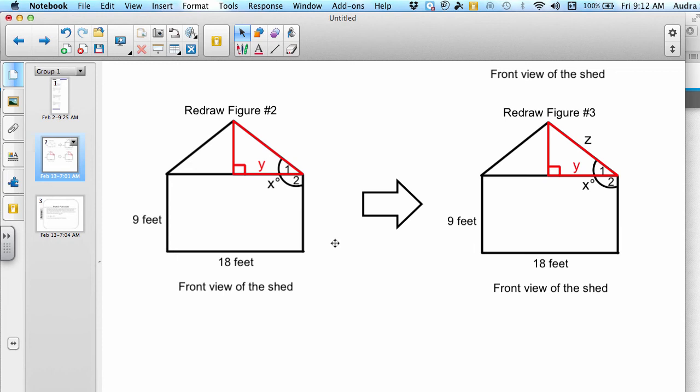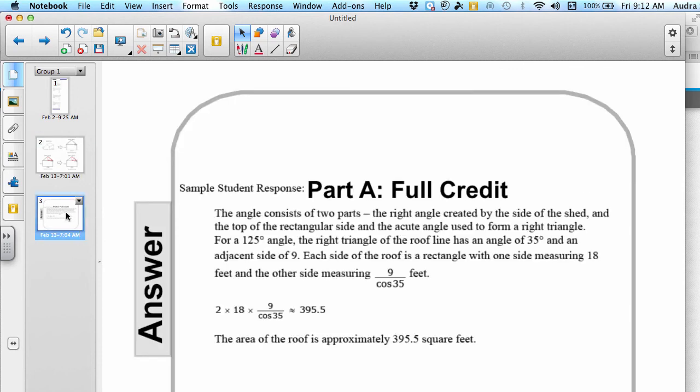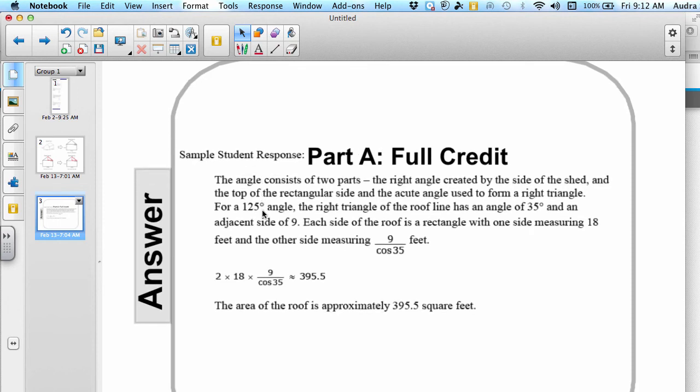And then once you draw this out and solve your problems, you need to put this into words for the grader. And the reason I say that is because here is the sample student response that PARCC provides that would give you full credit. Notice it says the angle consists of two parts. The right angle created by the side of the shed and the top of the rectangular side, and the acute angle that would form a right triangle.